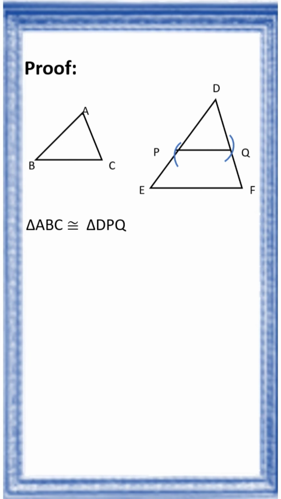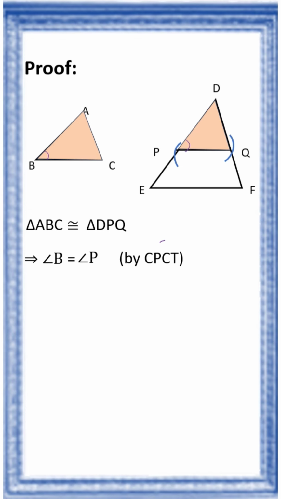Now we have triangle ABC congruent to triangle DPQ. Observe the figure. What is the use of proving that two triangles are congruent? The corresponding parts are the same. So here angle B is equal to angle P, by CPCT. What is CPCT?